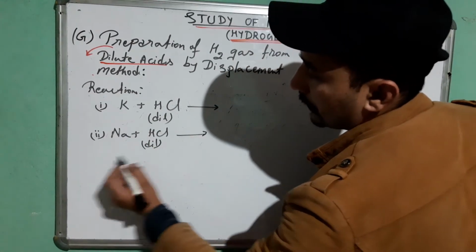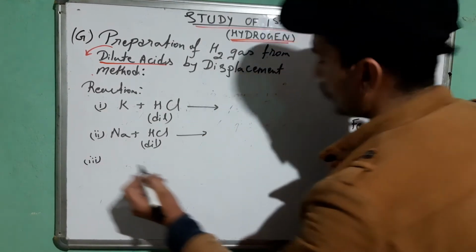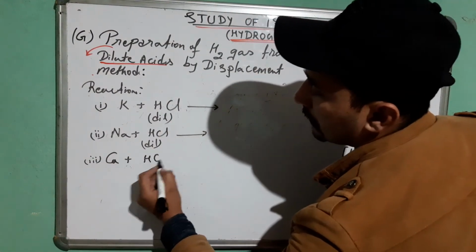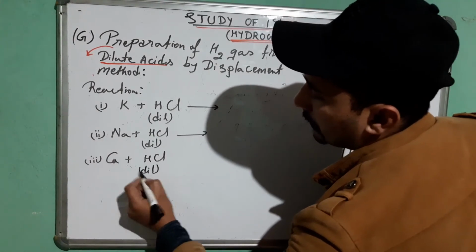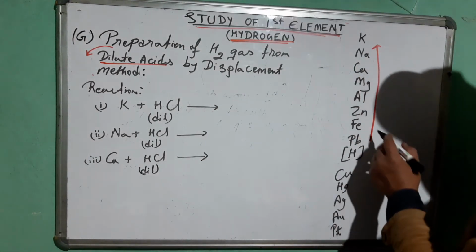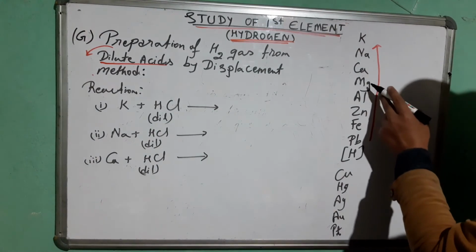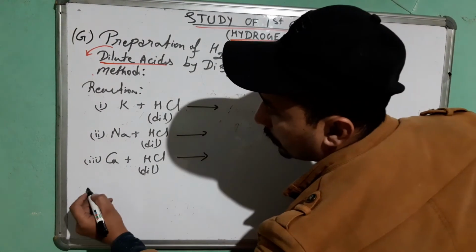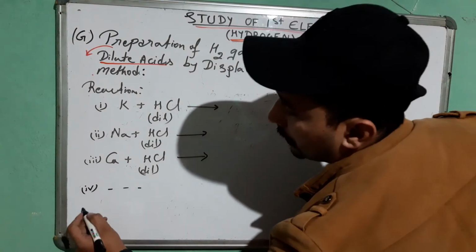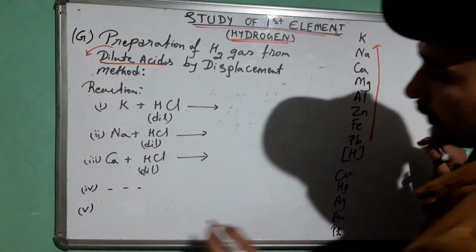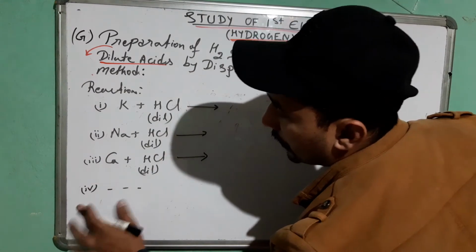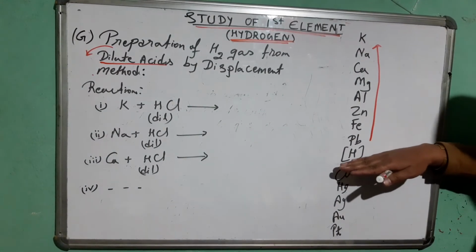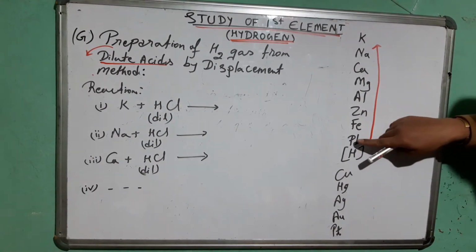Next, number 3, calcium plus dilute HCl. In a similar manner, after calcium you have magnesium, aluminum, zinc, iron. I'll give number 4, and you can do the rest on your own. You can show till Fe, the last is Fe. For metals which occur above hydrogen, you can do till lead, Pb.